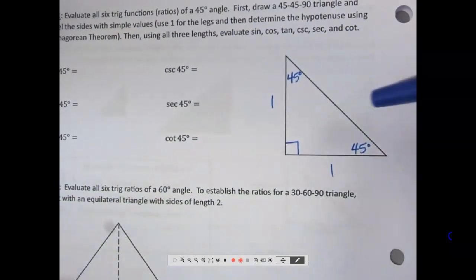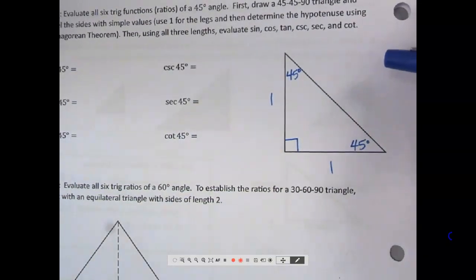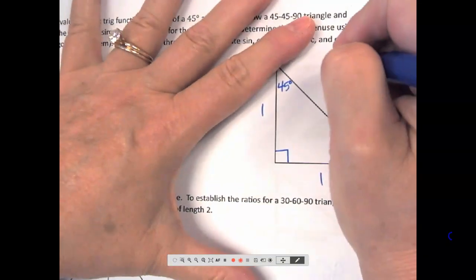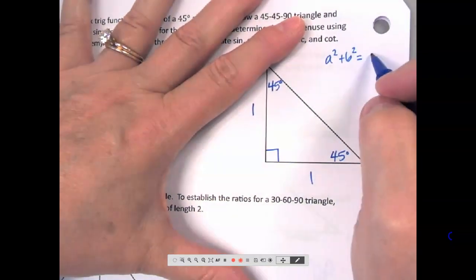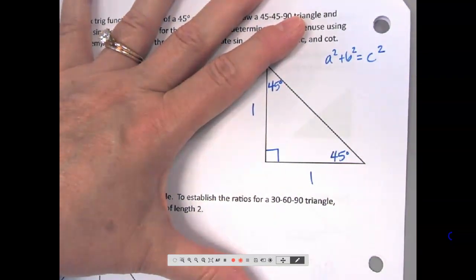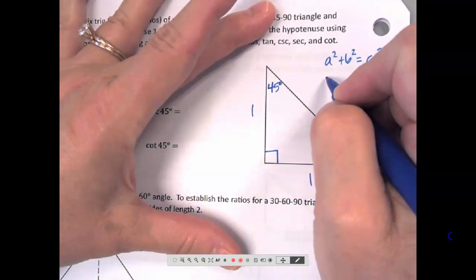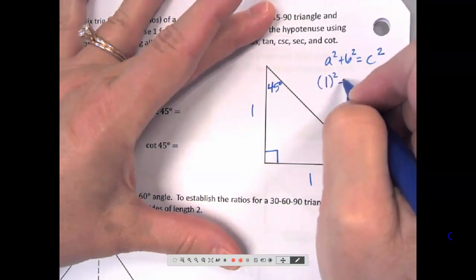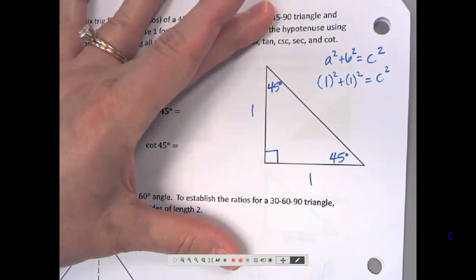Okay, how would I find the hypotenuse using the Pythagorean theorem? What is Pythagorean theorem? A squared plus b squared equals c squared. What are a and b? Okay, they're the legs, which are 1, and c, of course, is the hypotenuse. So I would have 1 squared plus 1 squared equals c squared.